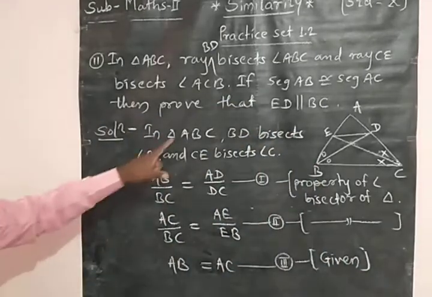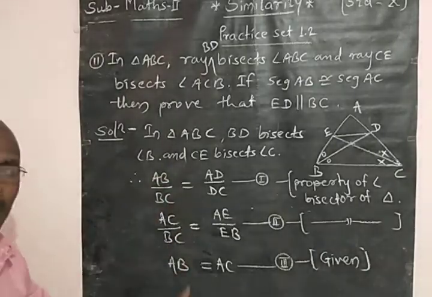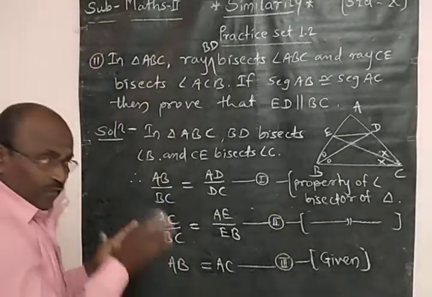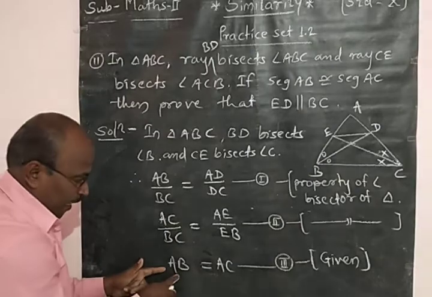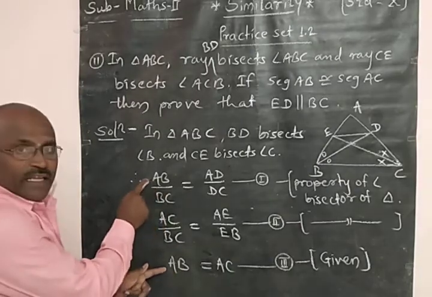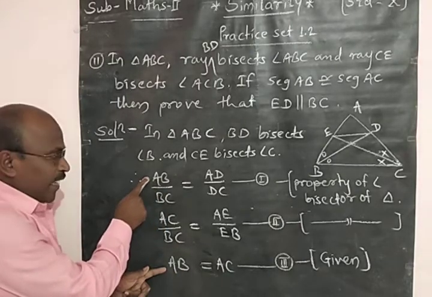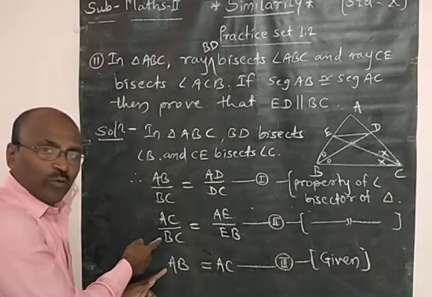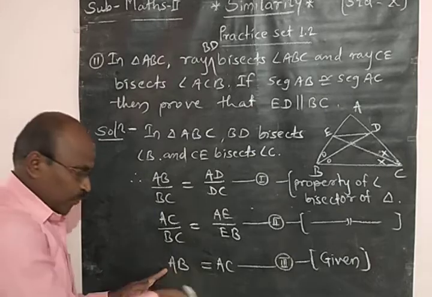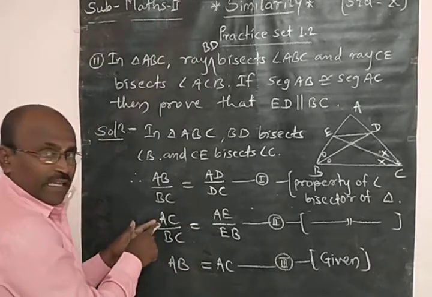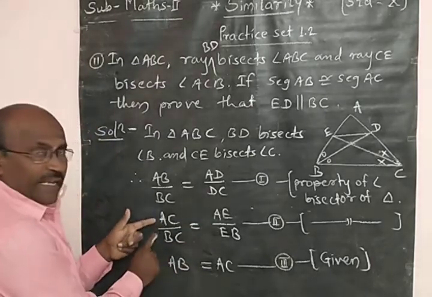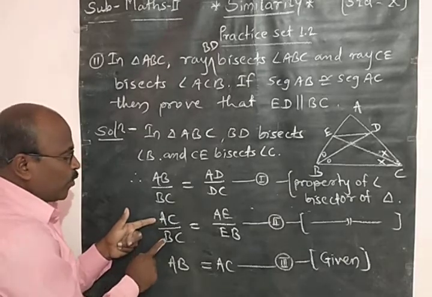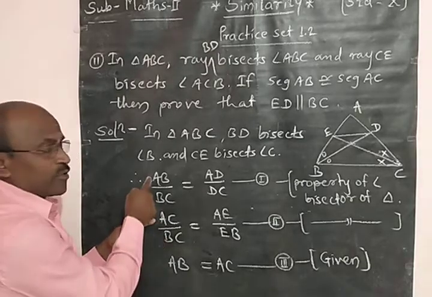Now look at these three statements. If we put AC in place of AB in the first one, then we will get AC upon BC, and this is also AC upon BC. Then if we put AB in place of AC in the second equation, we will get AB upon BC, and this is also AB upon BC.